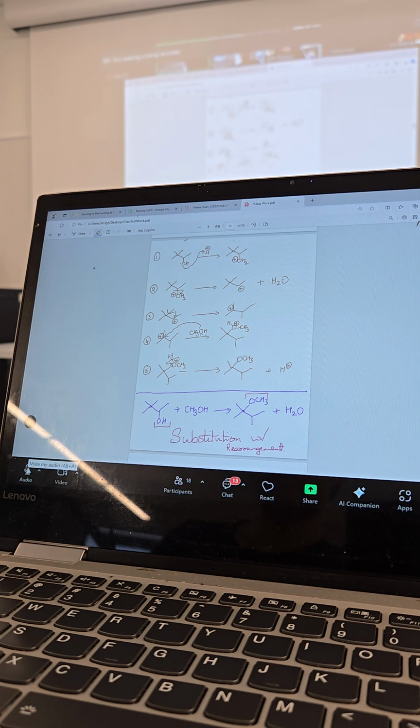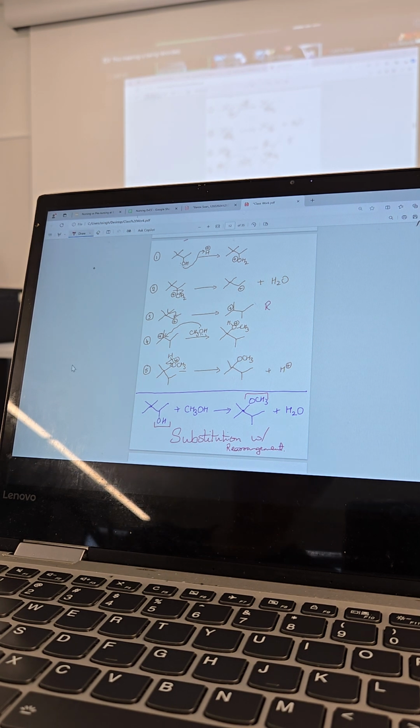Which step shows the actual rearrangement? Step 3. Exactly. Step 3 is where a methyl group moved to a different position and changed the skeleton of the substance. Everybody sees that? Okay.